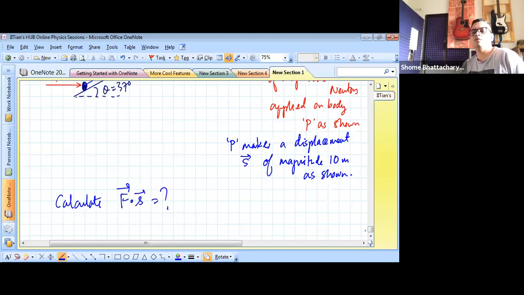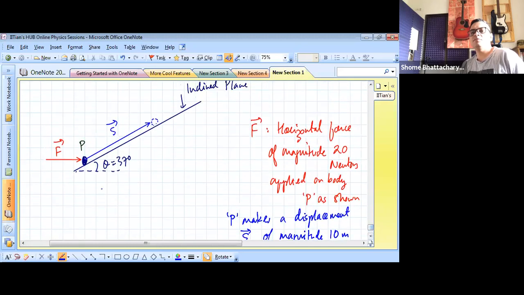This is what I asked you. So now you'll see that for the dot product of force and displacement, I have to understand that the force is a vector in this sort of direction, and the displacement is a vector in this sort of direction, and the angle between these two vectors is this one. It's 37 degrees.